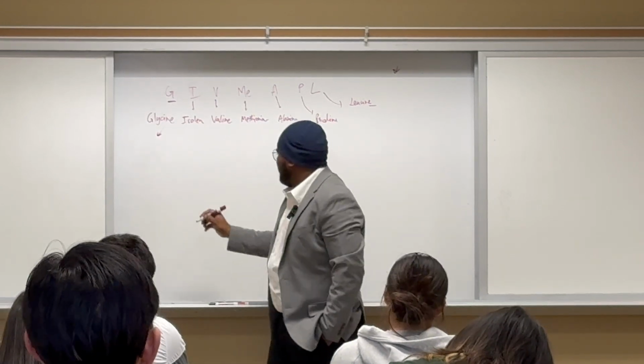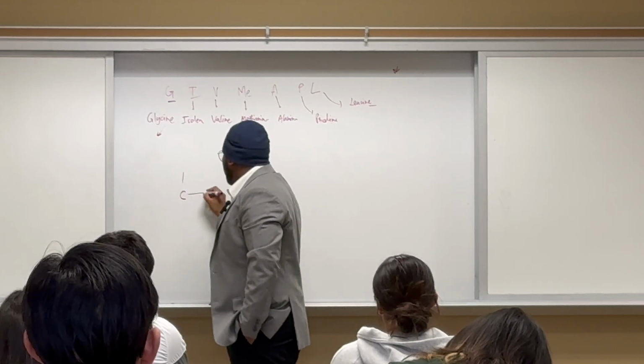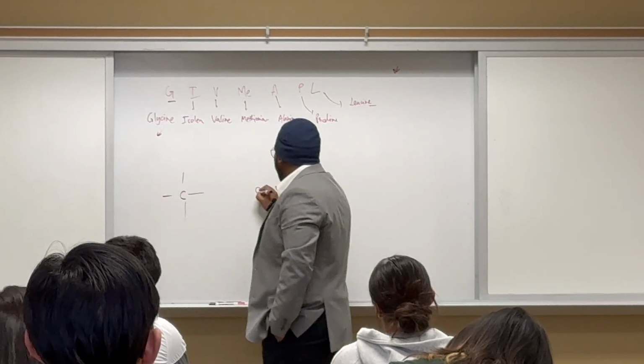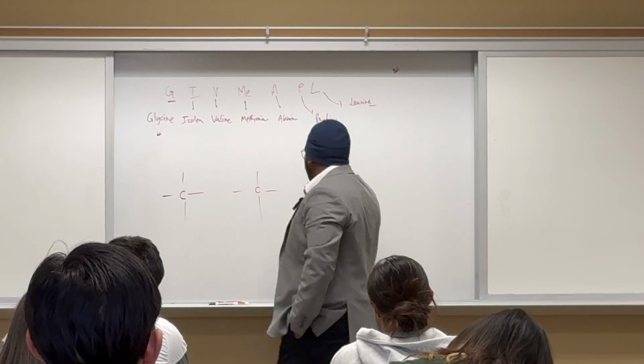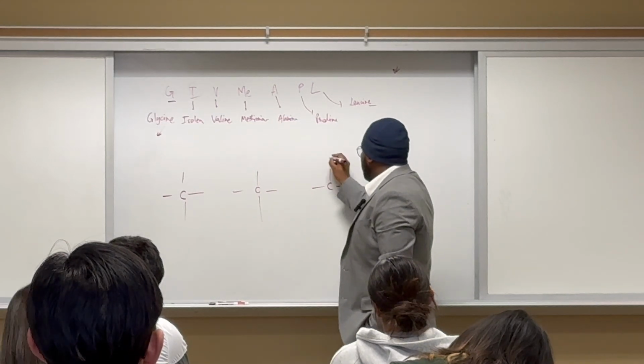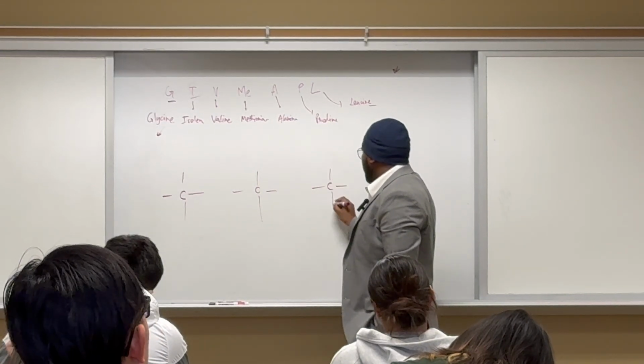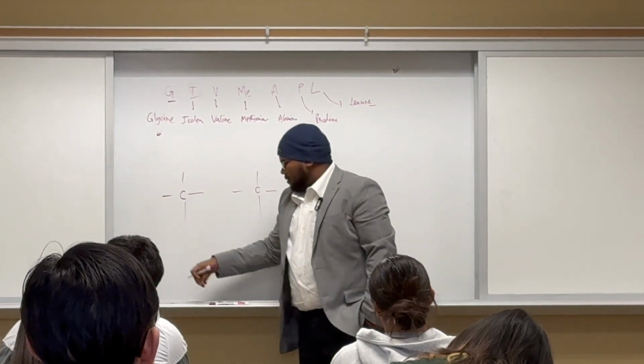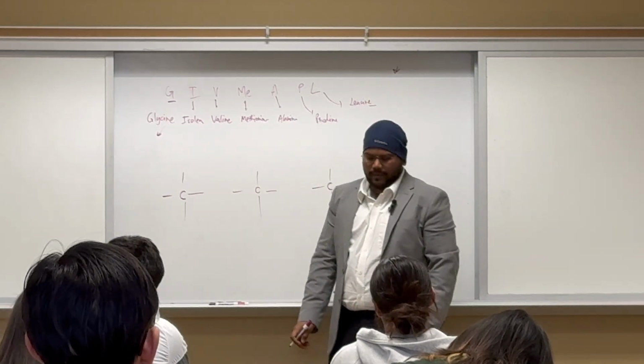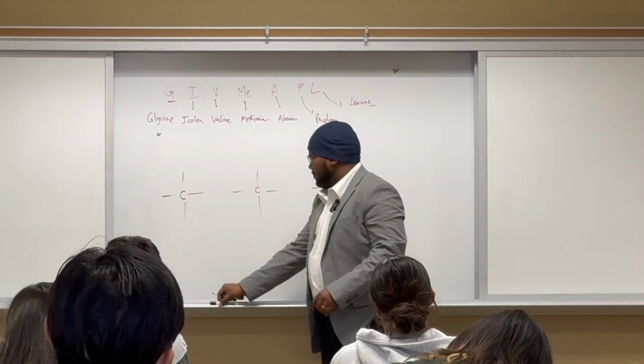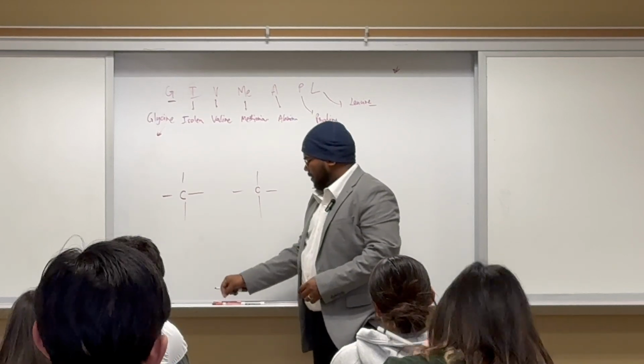The first thing we'll do is draw the backbone of the amino acid you have to remember. Now I'll put in different R groups just to remember the names. Clear? So let's go one by one. The other groups are very common.